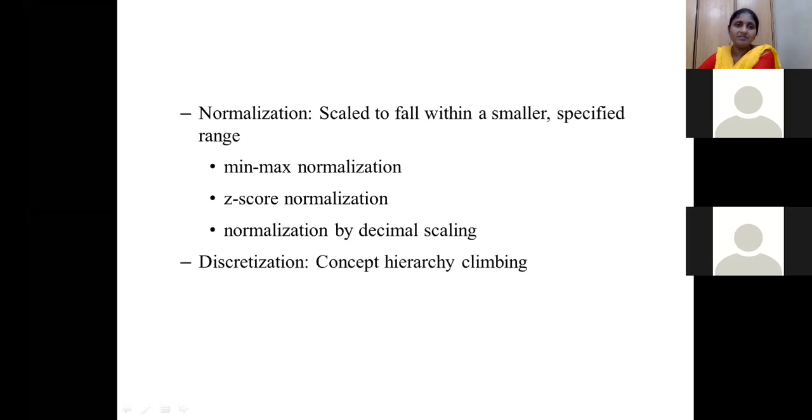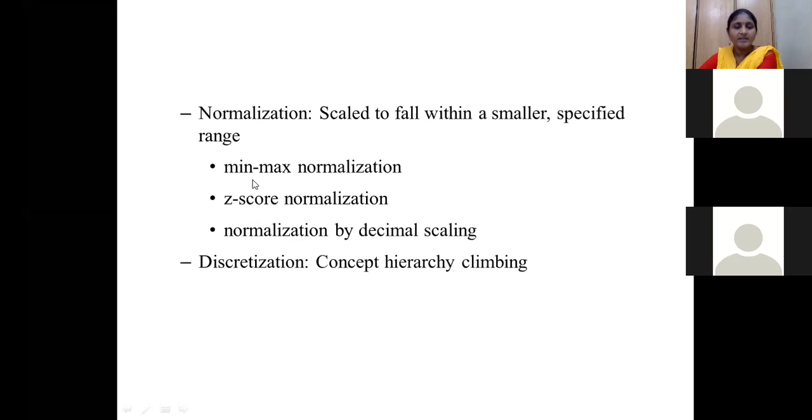For normalization, we have three methods.